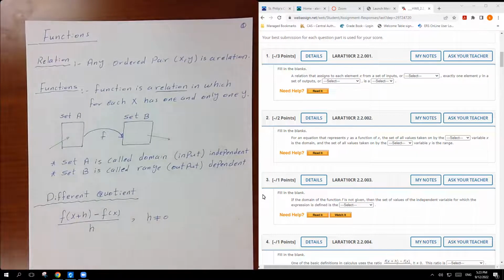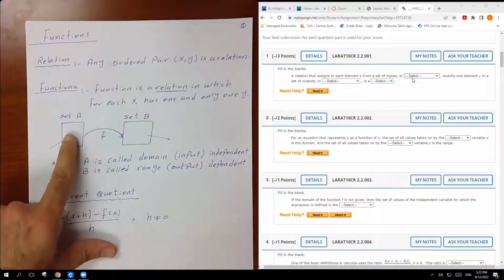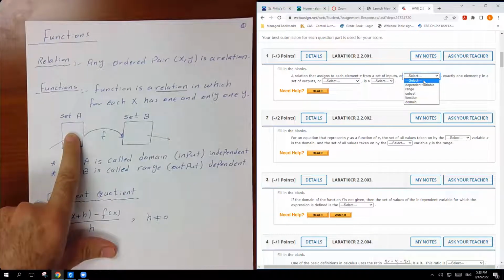If you go to the first question, they ask about a relation that assigns to each element of x from a set of input. This is the input. If you take from the input set, this is in the domain. Exactly one element y in the set of output.